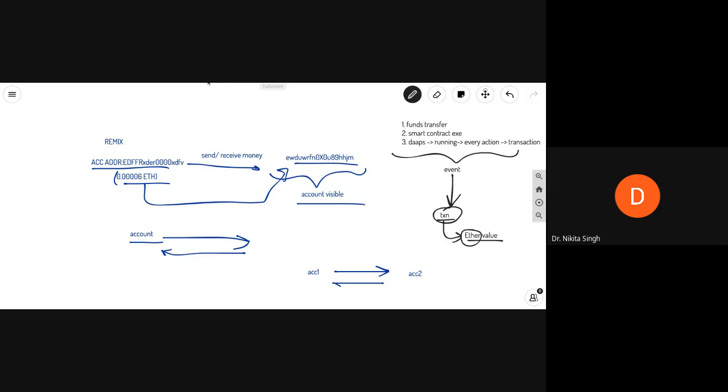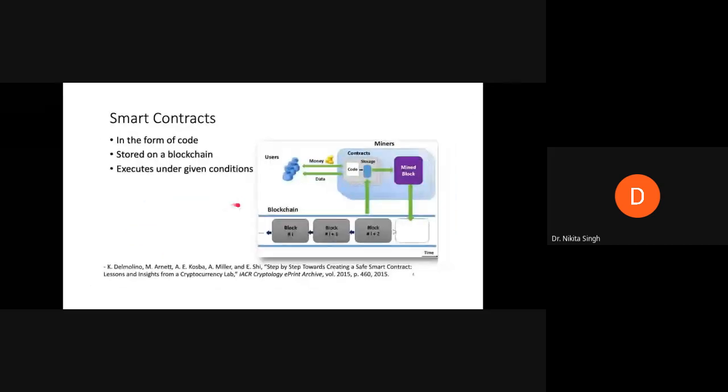If you look at this diagram here, we have an architectural diagram which tells us how the interaction between the smart contract, the user, the miners, and the blockchain is happening. We'll take a bottom-up approach. Here you can see that we will have several blocks.